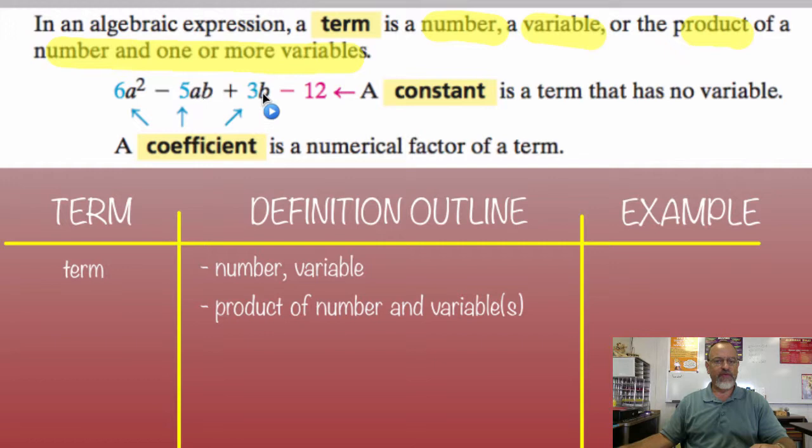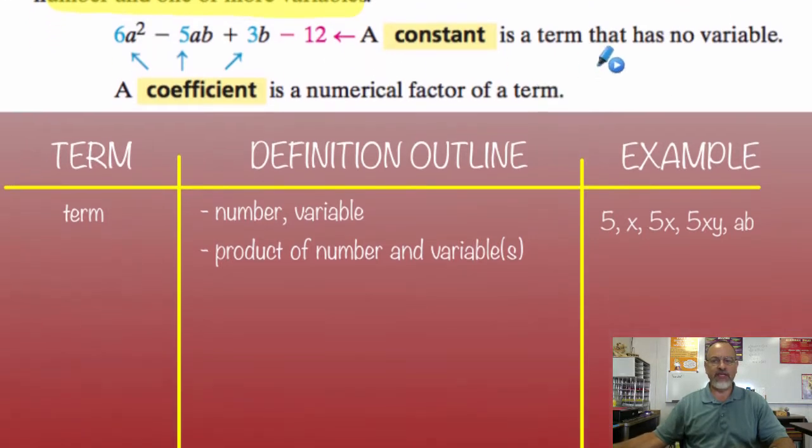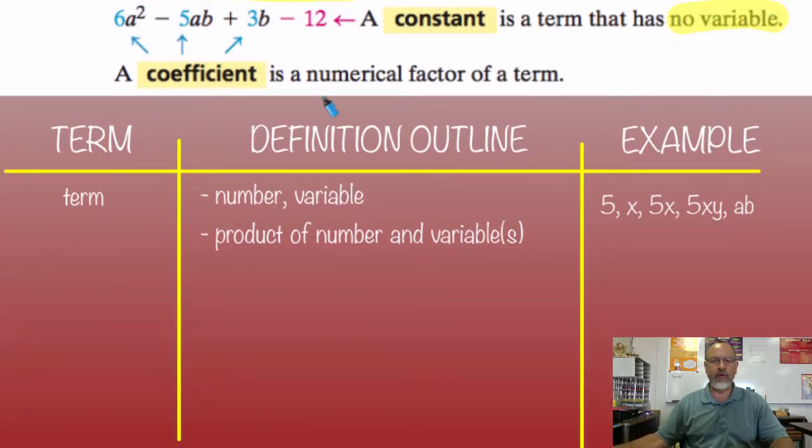Each one of these separate entities within the expression is called a term. So it could be a number, a letter, a product of number and letter, or even just a product of letters.